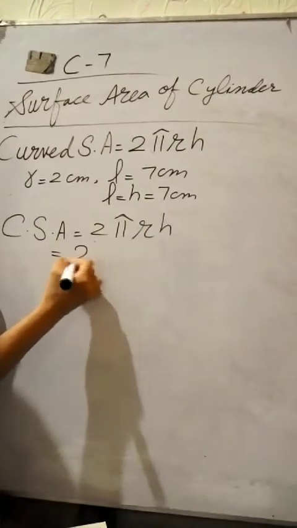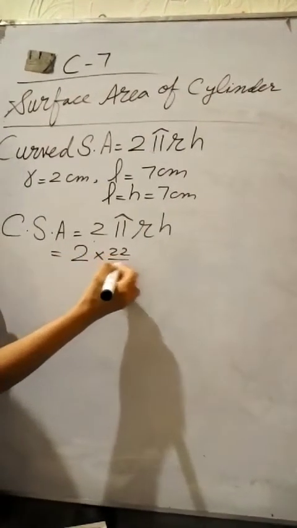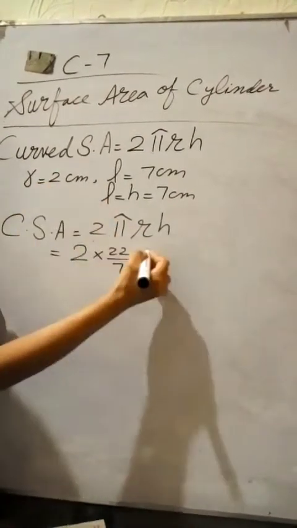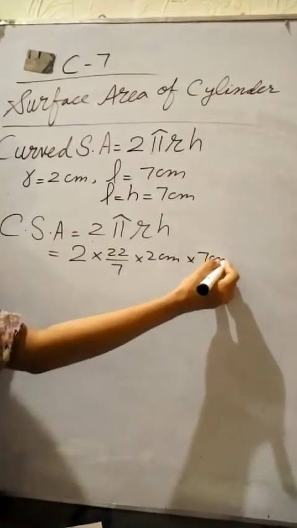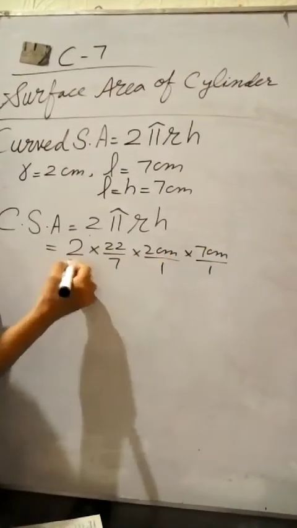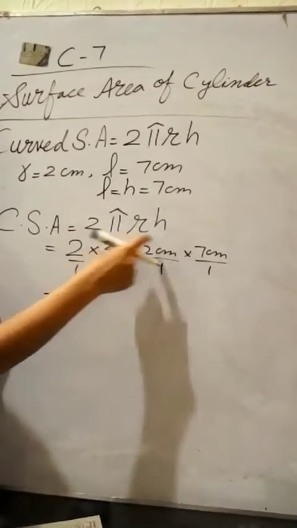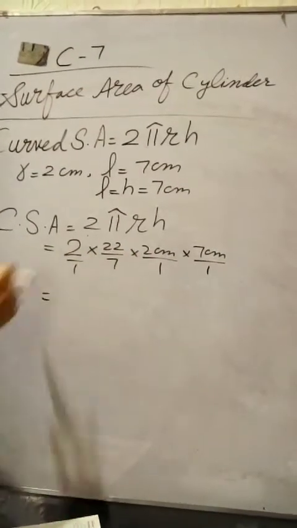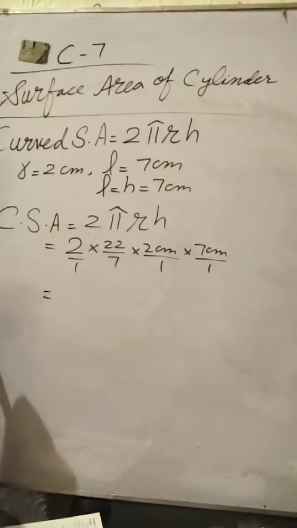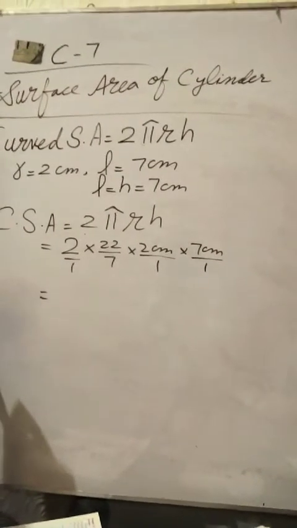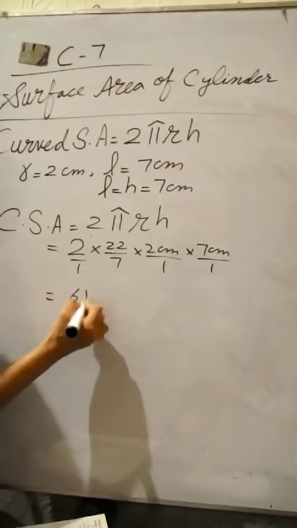Now 2 for the formula, pi value is 22 over 7, r value is 2 centimeter and height value is 7 centimeter. Put 1 as a denominator. Now we have 4 numerators. You can multiply at the same time or step by step. 2 multiplied by 22 multiplied by 2 multiplied by 7, the answer will be 616.